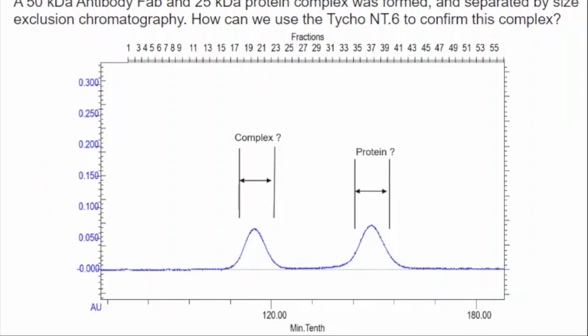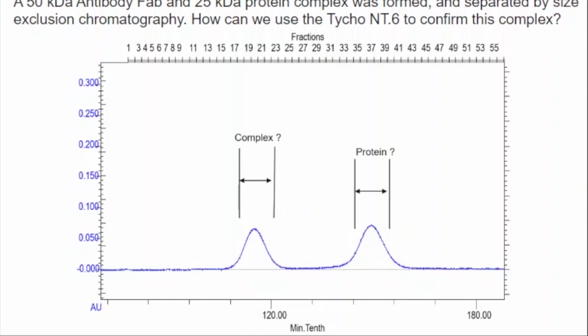So we combined the two in solution, and then we separated away those samples by size exclusion chromatography. So you can see on this chromatogram we've got about 2 peaks of roughly equal height, roughly equal absorbance. One is bigger than the other, which suggests that it's the complex, and the smaller one would be the unbound protein.